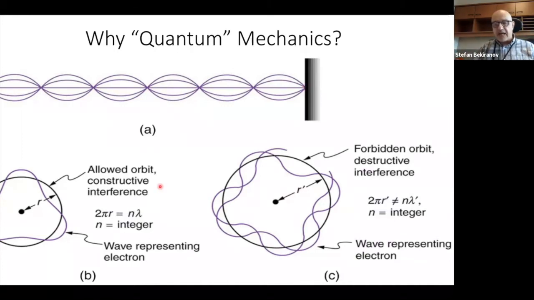Similarly, if it's trapped in an atom, with the nucleus in the center, you have to have an integer number of wavelengths that go around a given radius for it to be constructive interference, a consistent pattern.